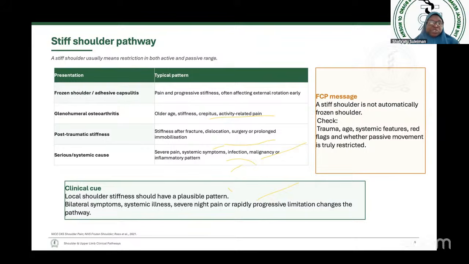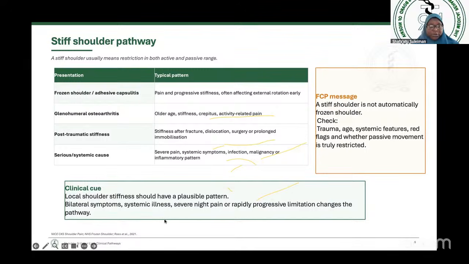And sometimes patients might report they can't move it, maybe it's pain inhibited. So if you come to move it passively, then you find out that it's not really restricted. So we should always look into it before labeling it as a frozen shoulder. So clinical cues: local shoulder stiffness should have a plausible pattern.